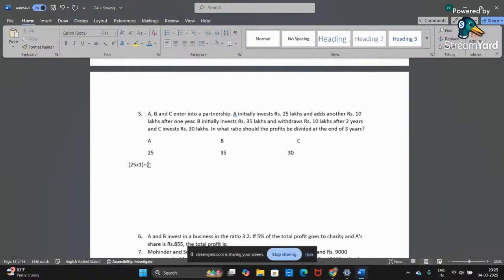That means for the next 2 years, already he has invested 25 lakhs, so he is adding 10 more lakhs. That means 35 lakhs will be there for the next 2 years, because here we are calculating for 3 years. First year it will be only 25 lakhs. After 1 year, he is going to invest 10 more lakhs. So it will be 35 lakhs for the next 2 years.